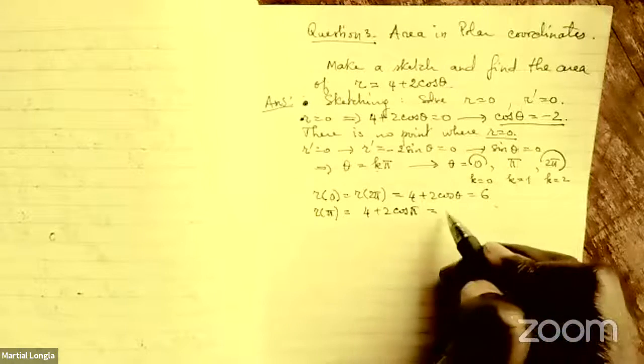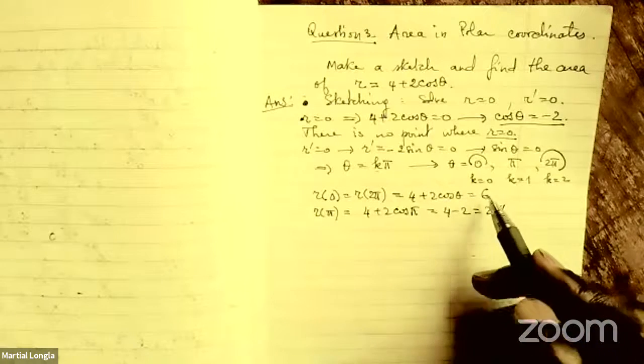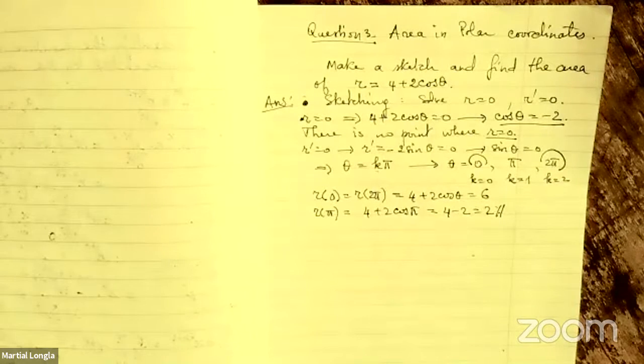Cosine of pi is -1, so that's 4 minus 2 equals 2. So the radius here is 2, and the radius there is 6. Any questions?